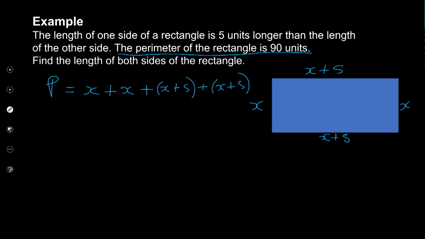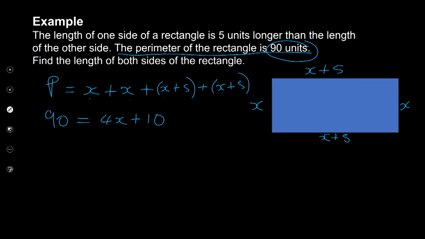So that's what we need to add in order to get the 90 units that they gave us to be the perimeter. So this will definitely be 90 is equal to, then I look at how many x's I have here. There's 1, 2, 3, and 4. So that gives me 4x. And then the 5 plus the 5 will give me plus 10.